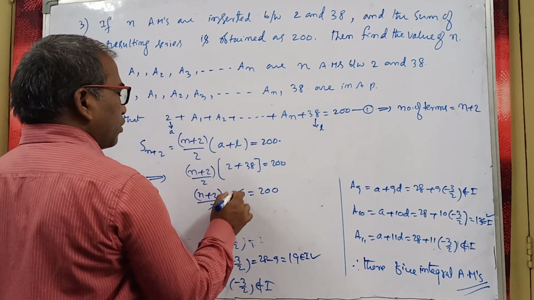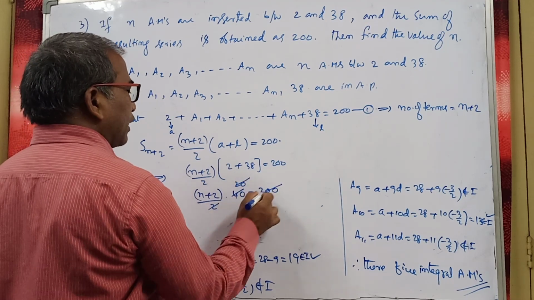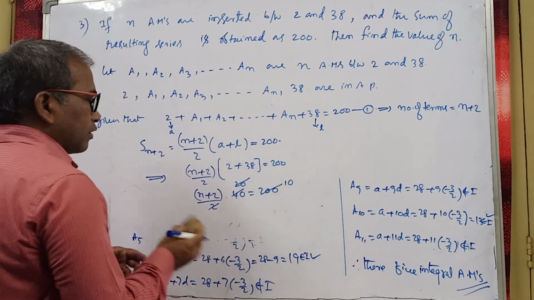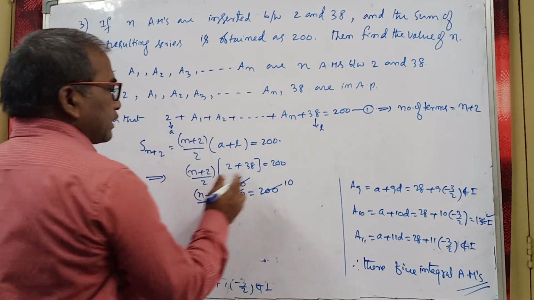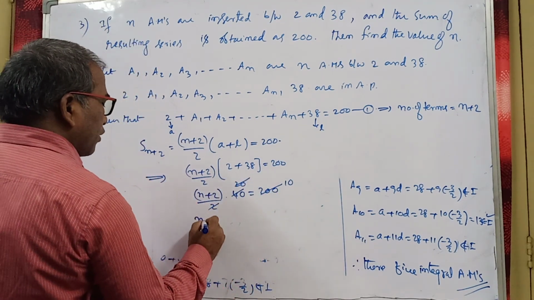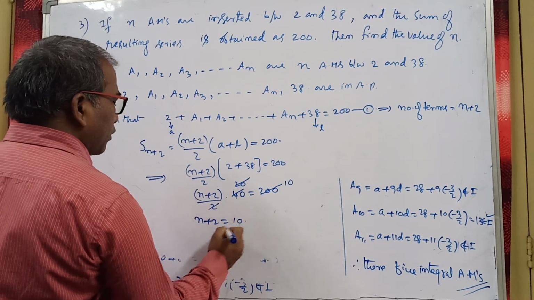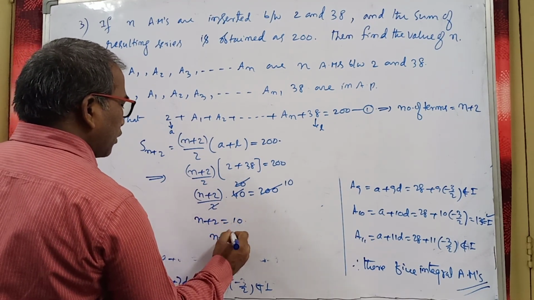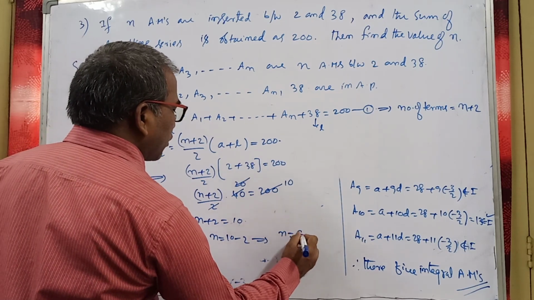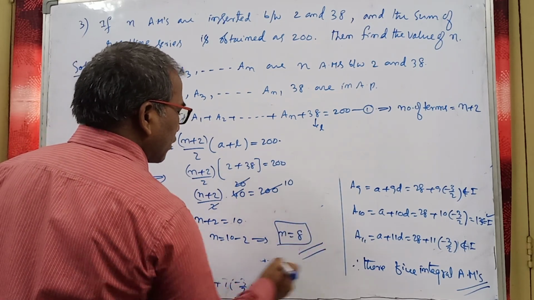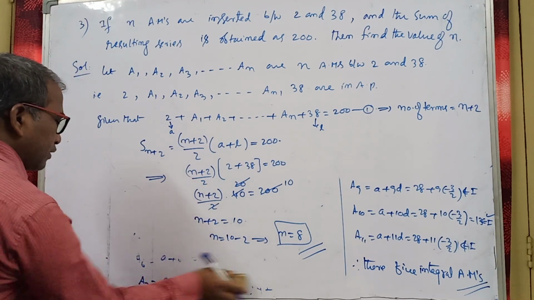So 2, 20 times 20, 10 times. This is just calculation, that's it. 20 times (n+2) is 200. Therefore, n plus 2 is equal to 10. n is equal to 10 minus 2. So, n is equal to 8. That's it. Copy this.